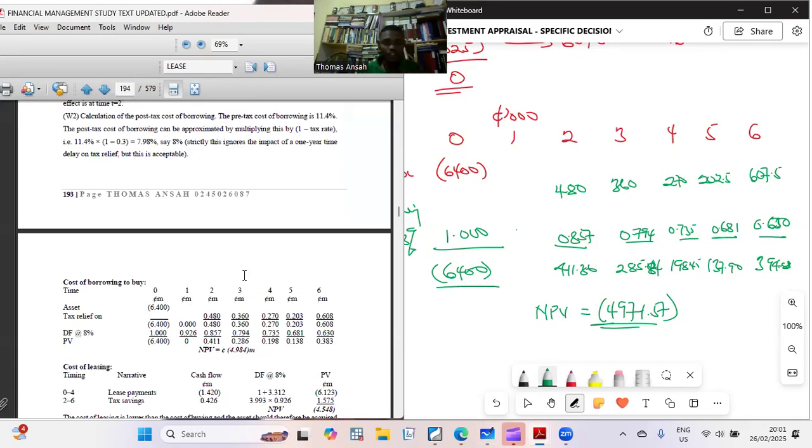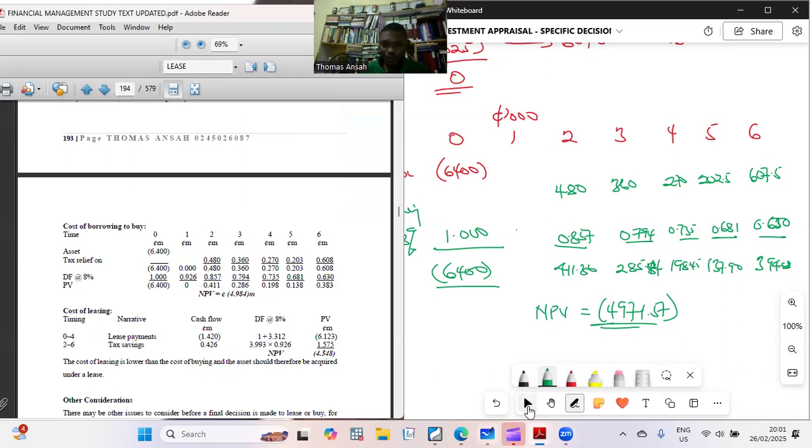As for the figures copying, I think in the example you pick well. Okay, so 0.683 would turn this figure to something around 4984. But at the end of the day, it's still the leasing option.